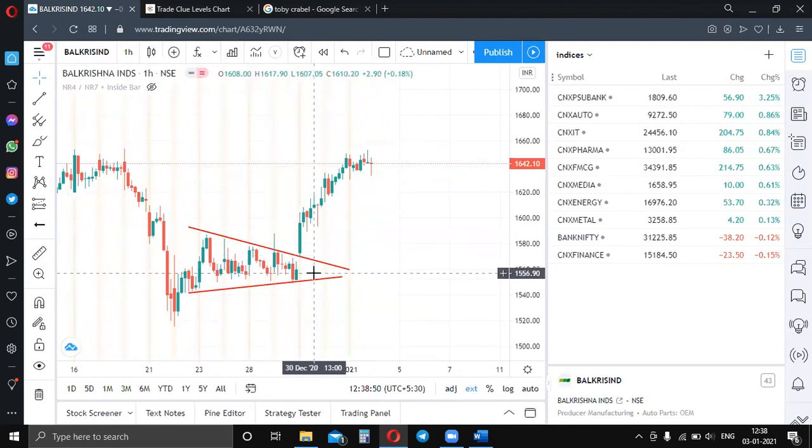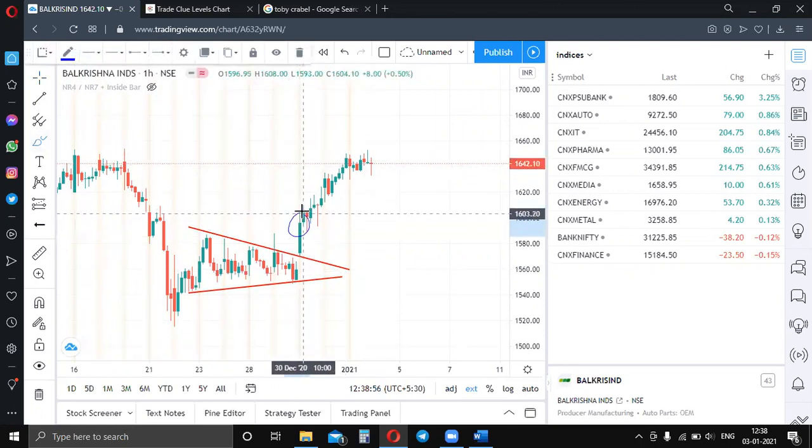No doubt about that. See, this is what we actually want. We want a candle to survive above the cluster, and then some follow-up buying needs to happen. In Apollo Tyres' case, it gave us a strong candle and immediate selling happened. No follow-up happened.